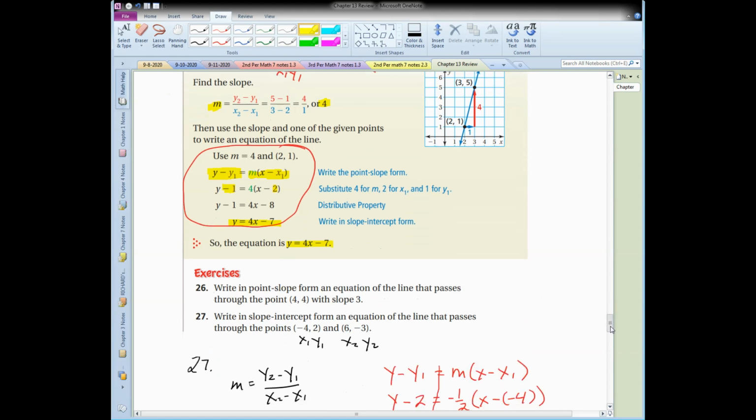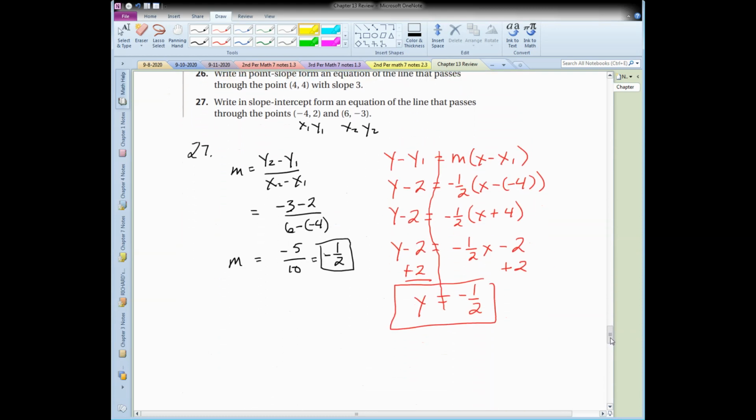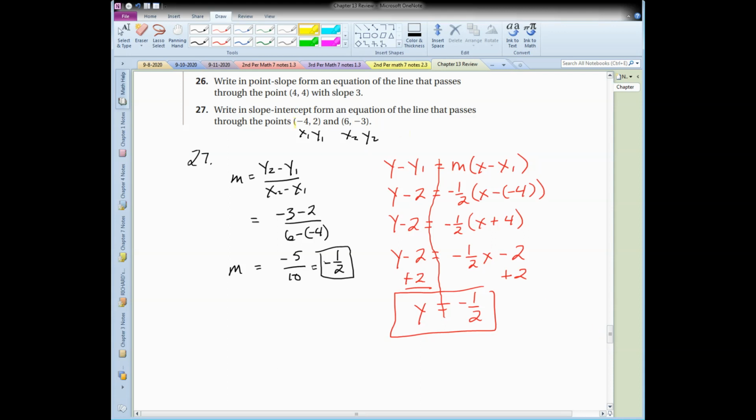And I did an example. So 27, again, I labeled my points with x sub 1, y sub 1, x sub 2, y sub 2 to help me to calculate my slope. And then I use the point-slope form, and I use the point (-4, 2). So there I put my 2 in, there's my -4. I clean this up a little bit. That's x minus -4, which is the same as x plus 4. So I clean that up a little bit.